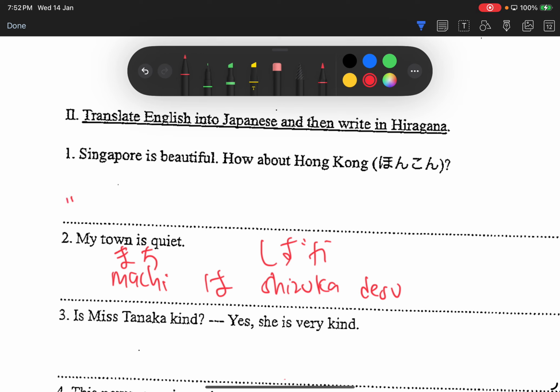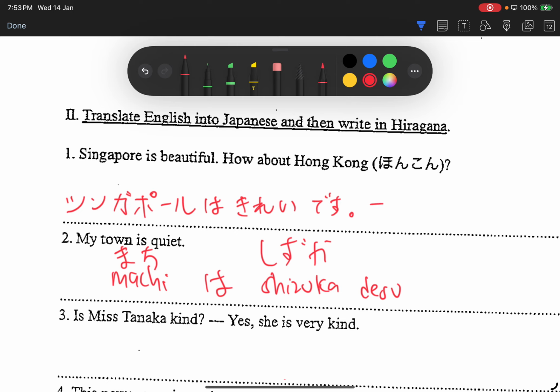So Singapore は綺麗です。Then you close the sentence. Okay, Hong Kong you also supposed to write in katakana, but they write in hiragana here lah.